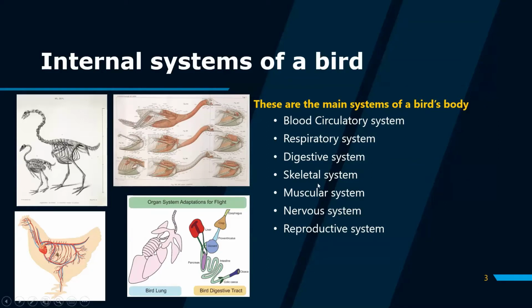Most of these systems have a similar structure to that of a mammal, but some have uniquely built structures. There are some systems that are uniquely built for specific reasons, such as to take on flight. So let's first look at the blood circulatory system.